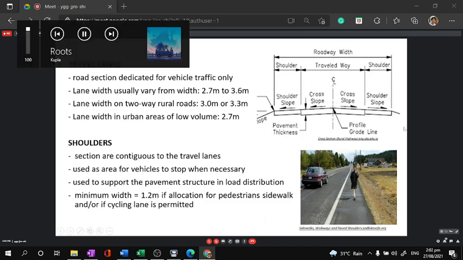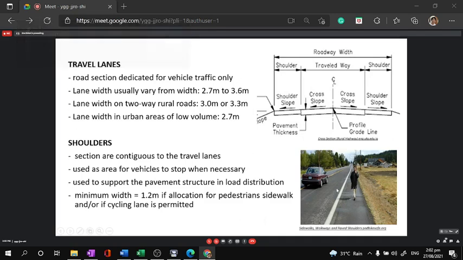Now, shoulders are sometimes used for pedestrian and cyclists if the road has low volume, at the same time, you do not have enough budget for the sidewalk per se for a rural community. So because it's rural nga road, so fully nga right after the travel lane na adain kay shoulder.